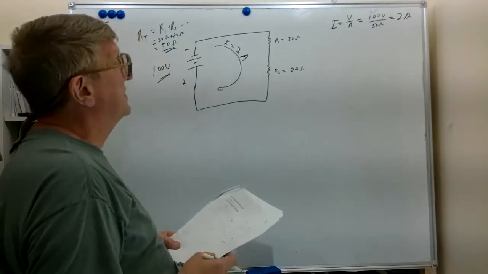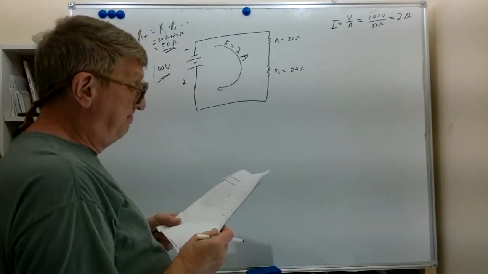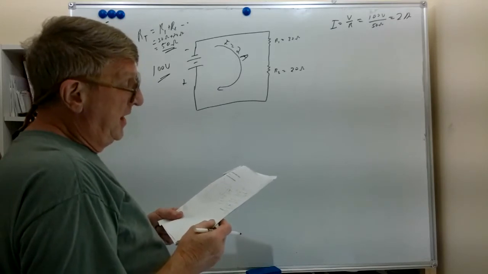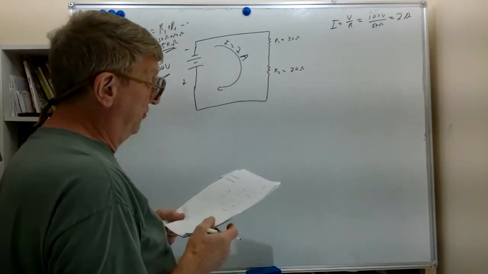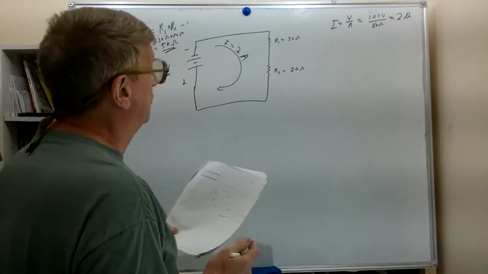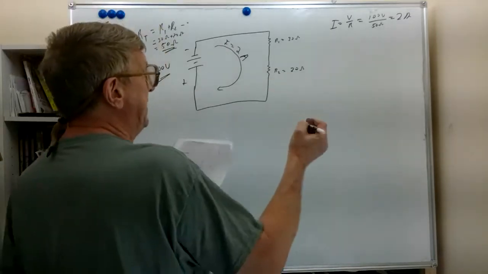So we're going to look at the power. Let's calculate the power for each resistor. We have 2 amps.